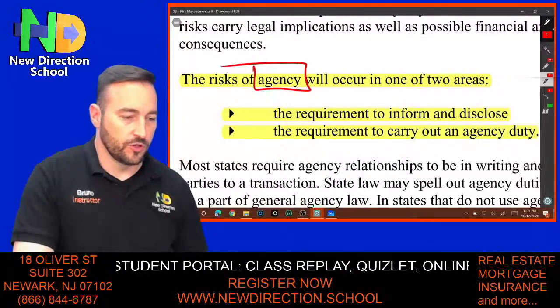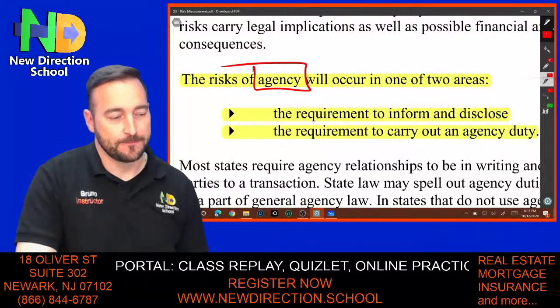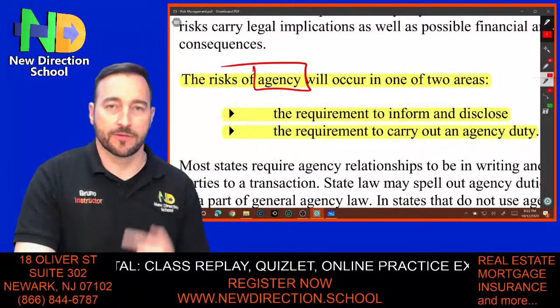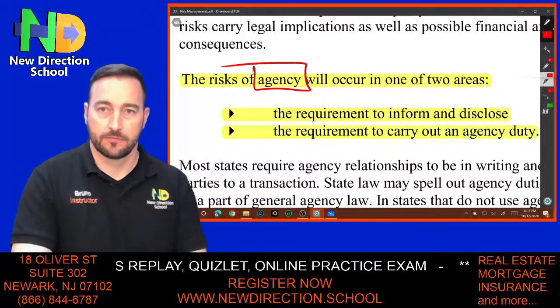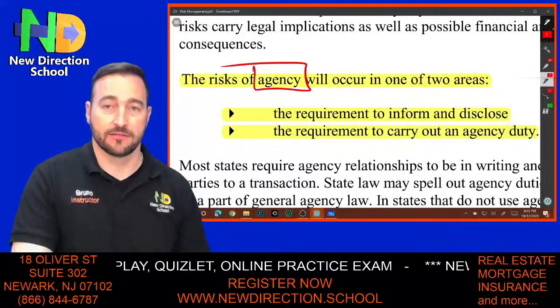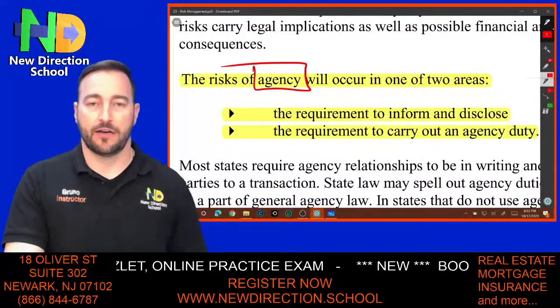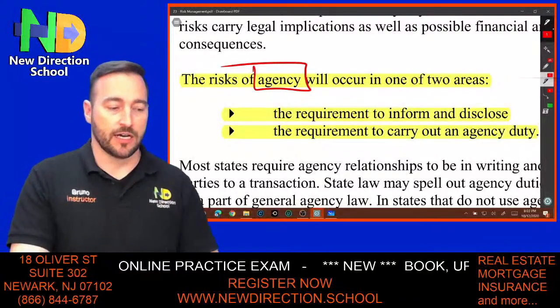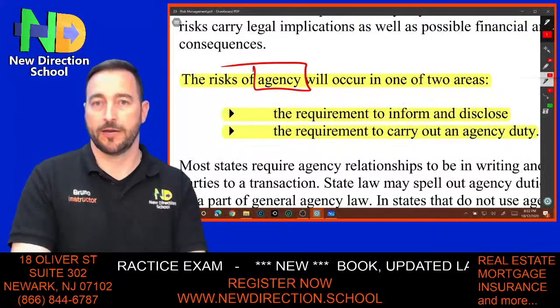I'm only saying this because when you read the questions, you want to make sure what is being asked. They could be asking what is the principle of an agency, right? Which is representation. It's somebody you represent, okay?